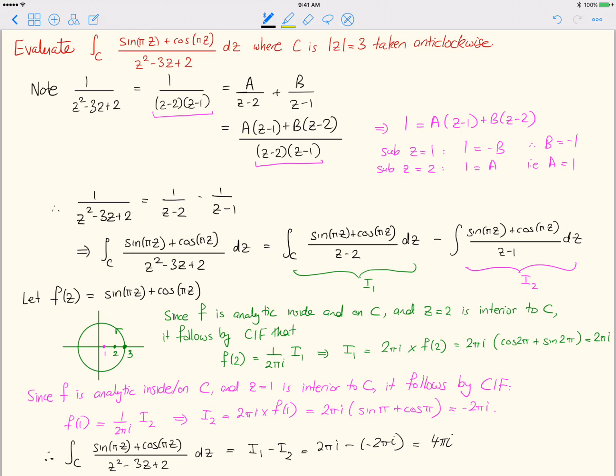Now, there is another way you could answer this question. You can also answer this question using, what was it called, Cauchy's integral theorem for multiply connected domains. So let me show you an alternative solution.